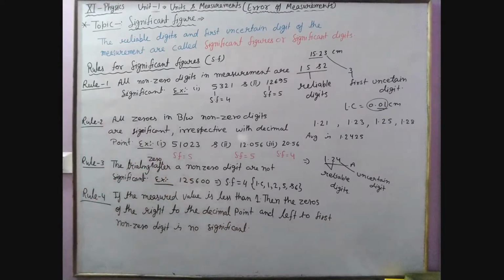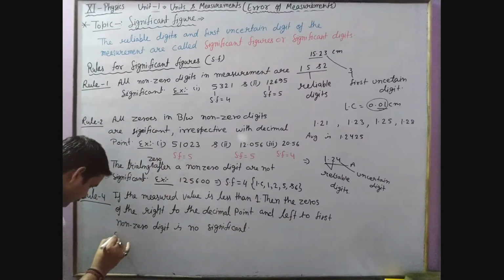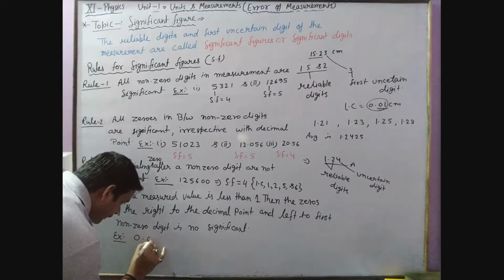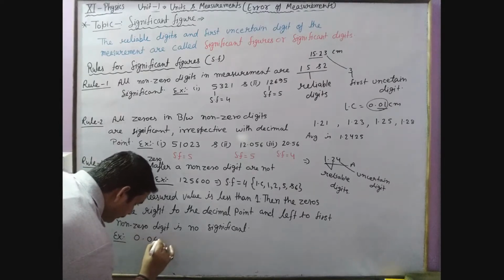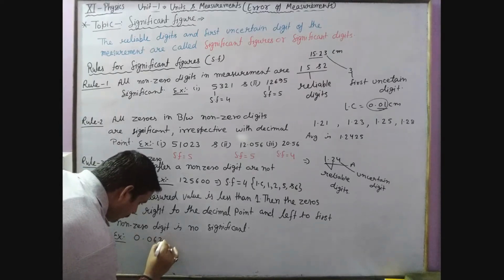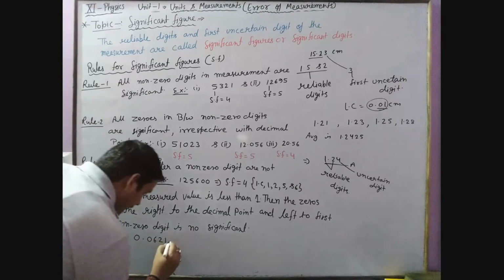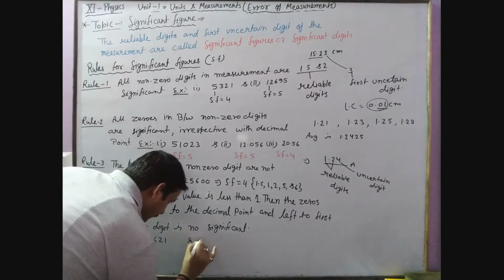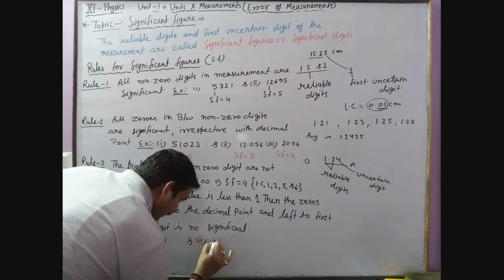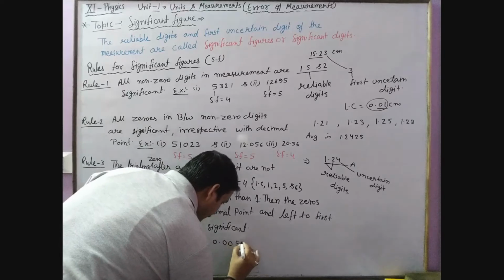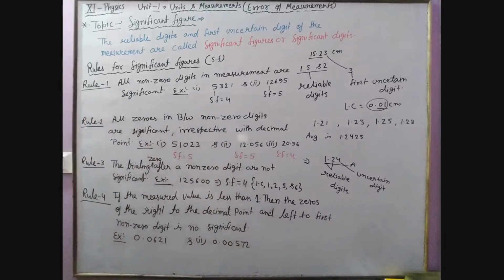Okay, for example, 0.0621, and another example, 0.00572.